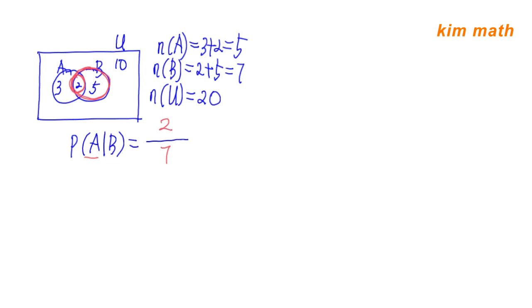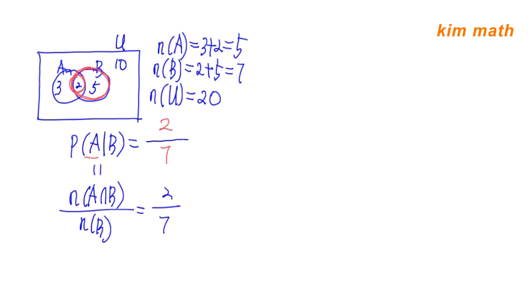But if we don't have this type of Venn diagram, we must find this value algebraically, right? So if I copy one more time, this one is the number of event A and B over the number of event B. Okay, this is 2 over 7.